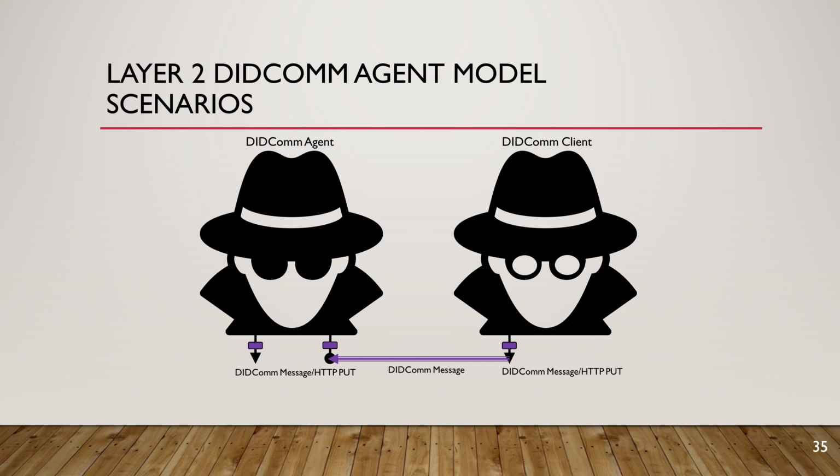The other thing is on those interfaces now we have little purple boxes. So if we start on the right, the DIDComm client, and we can see the purple box on that arrow, that's called outbound processing. That is the extra step that DIDComm agents and DIDComm messaging adds.